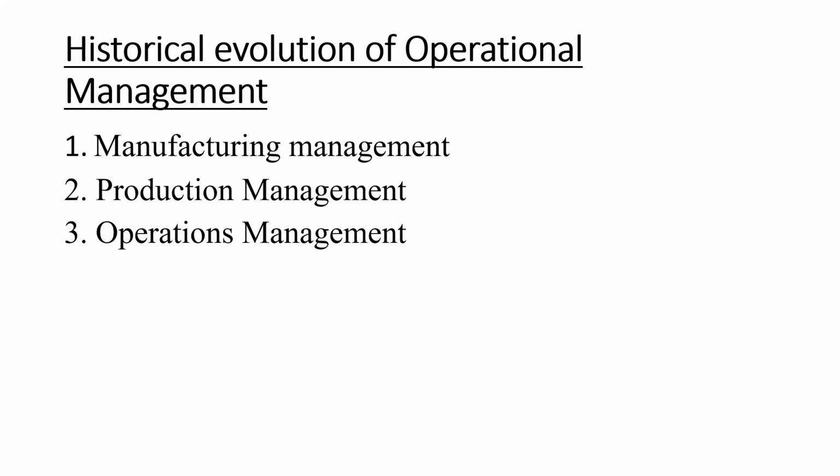As the service sector became more prominent, the name changed from production to operations, because customers were highly accepting of the service sector. So we can say this change emphasized extending our field to service organizations.